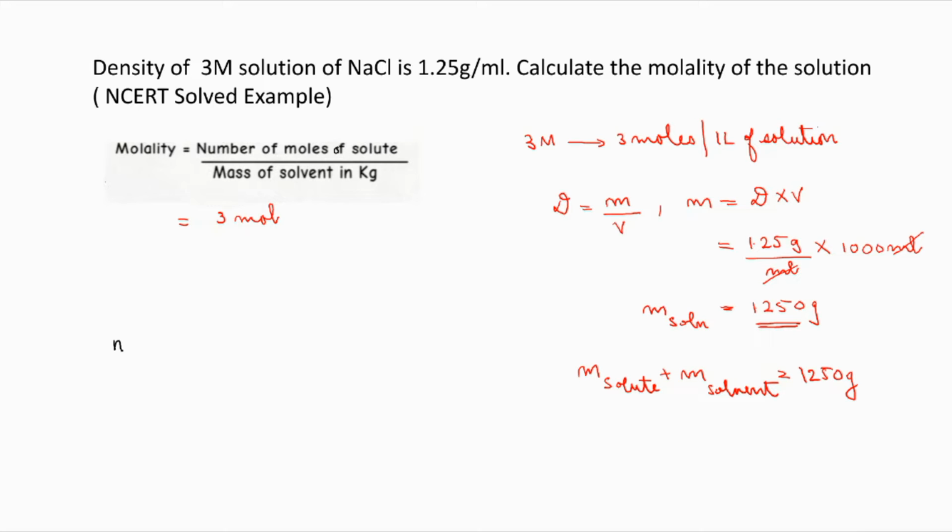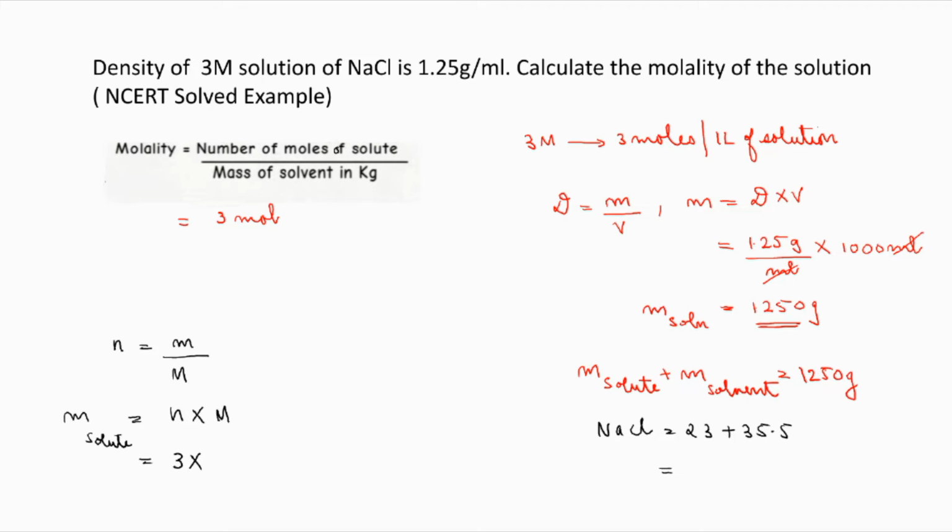Number of moles of the solute will be equal to mass of the solute divided by molar mass. Correct, no? Mass of the solute can be written as number of moles of the solute into molar mass. Number of moles of the solute, we have already written it. That is 3 mole. 3 into, what's the molar mass of sodium chloride? Sodium will be 23, chlorine will be 35.5.